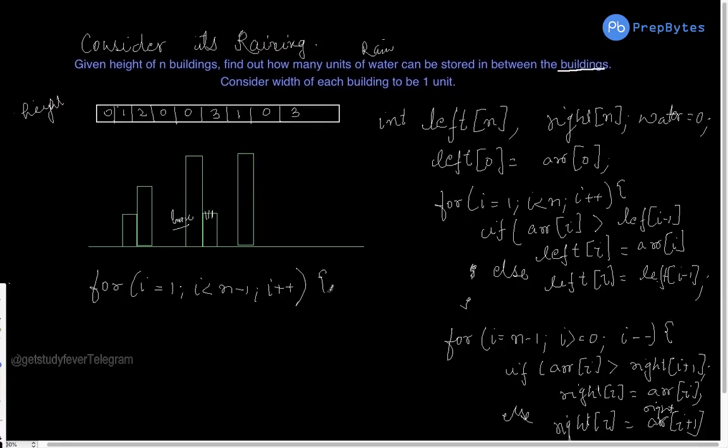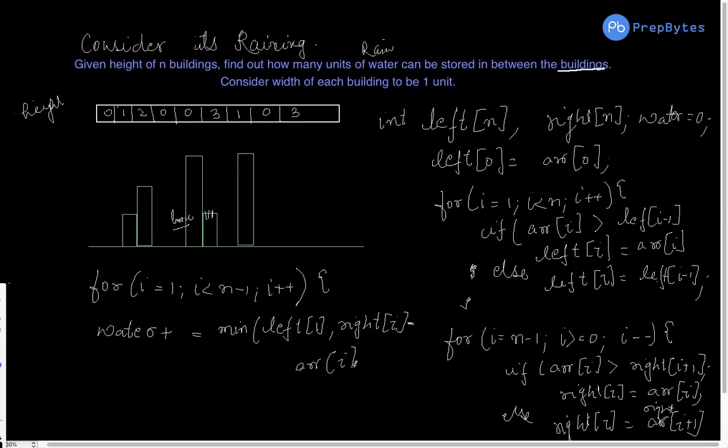What I'll do is water plus equals min of left of i comma right of i, minus array of i. And obviously we are going to either return this water or print this water. So this gives me the complete amount of water that can be stored in this particular case. As we can see, the time complexity is O of n and space complexity is also O of n.